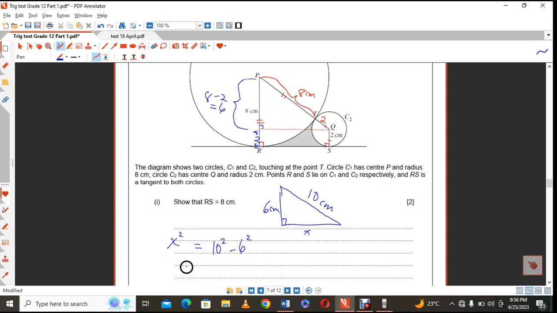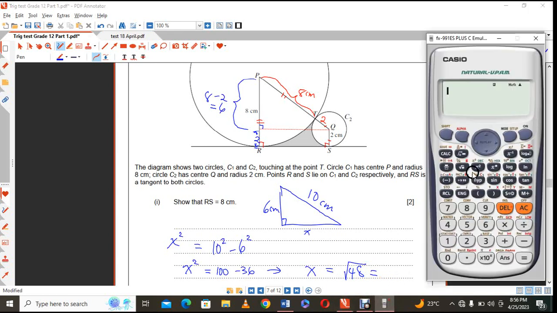So x equals the square root of 100 minus 36, which is 64, sorry, I said 48 but it's supposed to be 64.